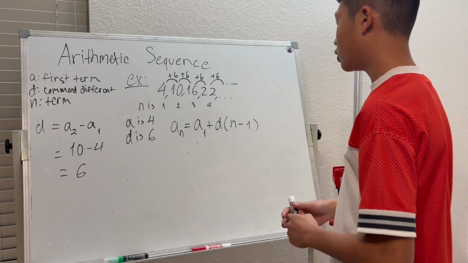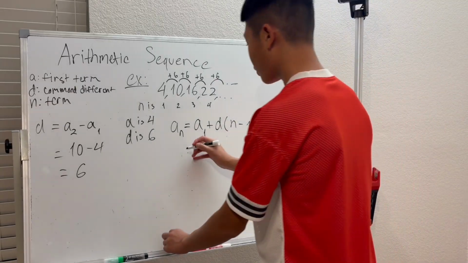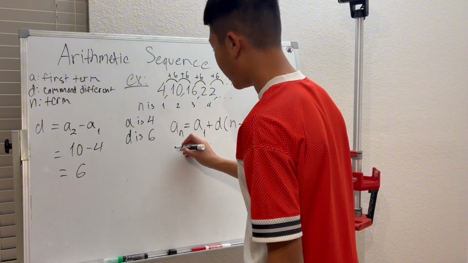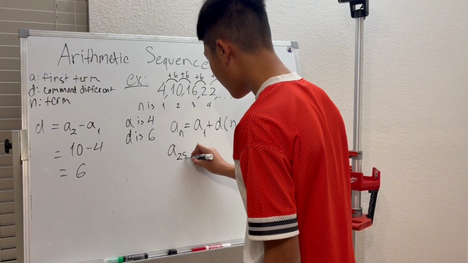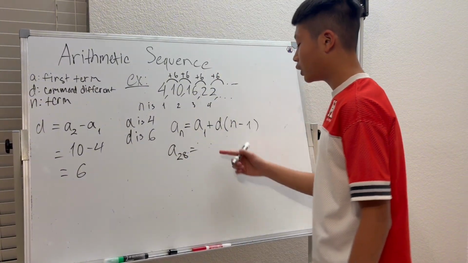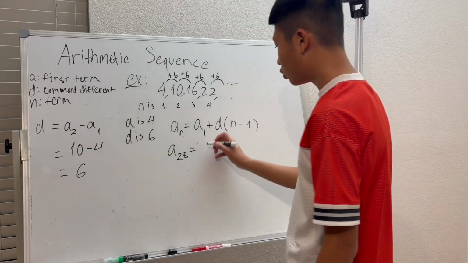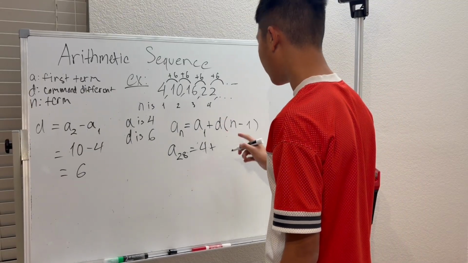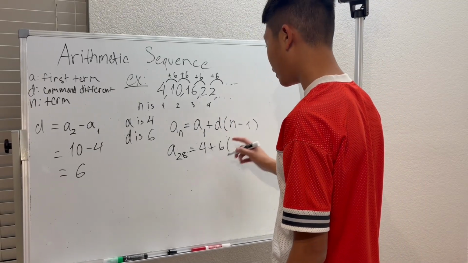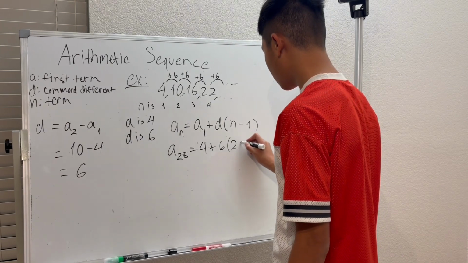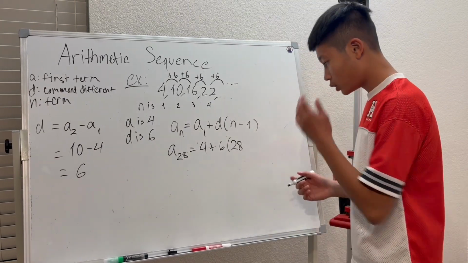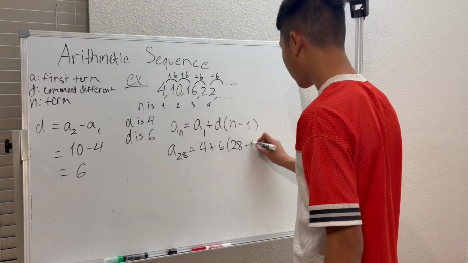Okay, let's say you want to find the 28th term. So let's plug into this formula. A sub 1, which is 4, plus the common difference, which is 6, times n, the term we want to get to, the 28th term, minus 1.